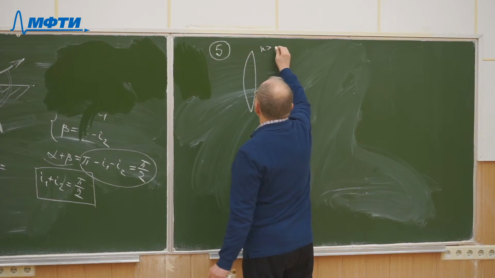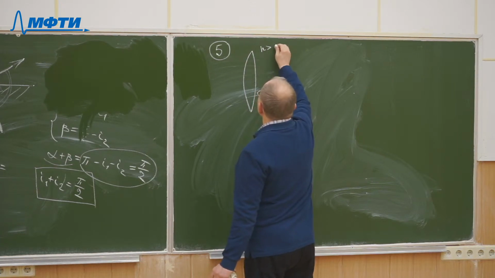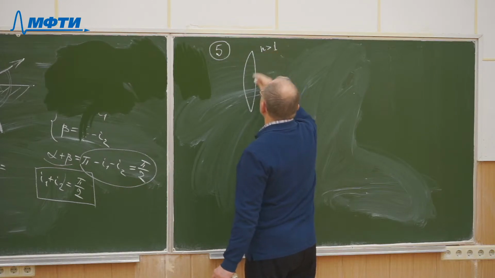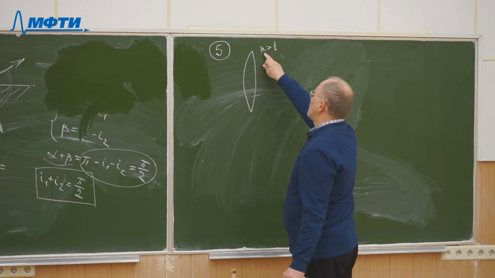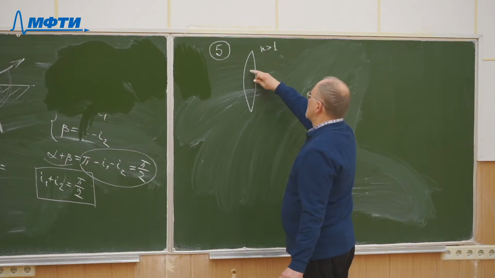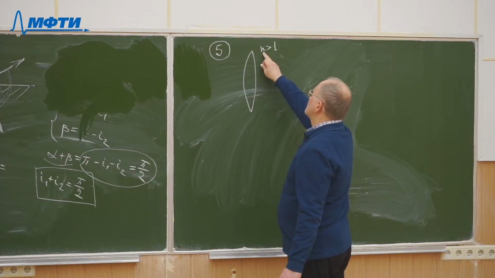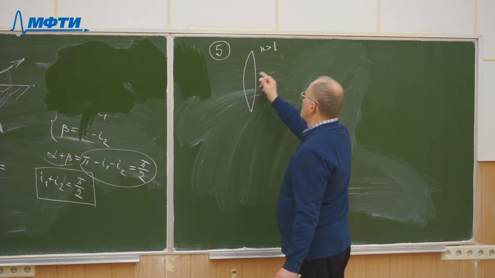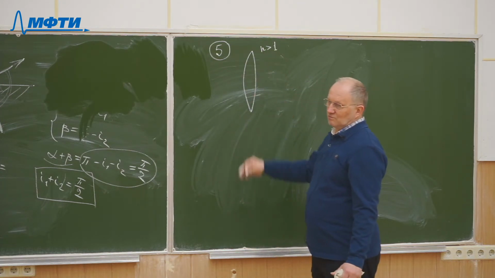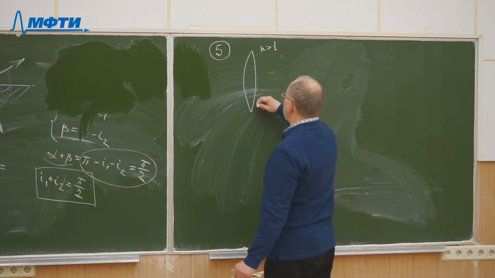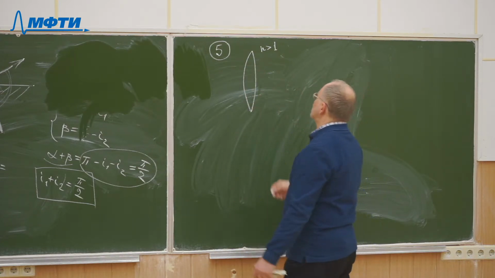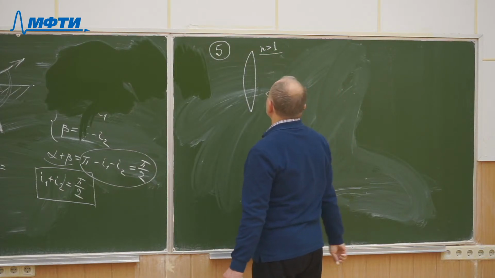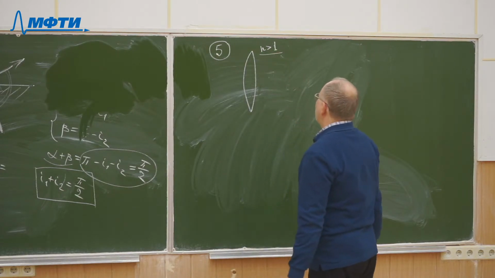It must be as high as possible. It must be larger than unity, and we use as large an index of refraction as possible. Because if we use an index of refraction close to unity, then the lens will not work. It will work badly. If it's filled with air, it will not work at all. So the index of refraction must be the larger the better.